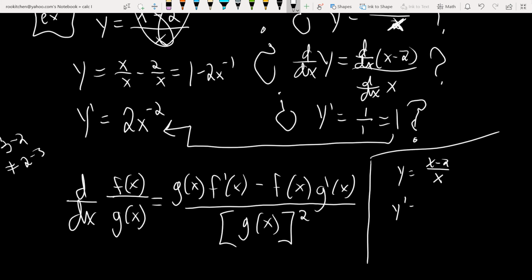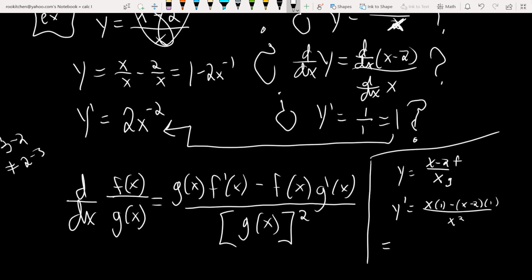So y prime would be the g of x, which is on the bottom. So this is g, and then this part up here is f. So g of x, x times the derivative of f, which is 1, minus f of x, which is x minus 2, times the derivative of g, which again is 1, all over g of x squared, so x squared.